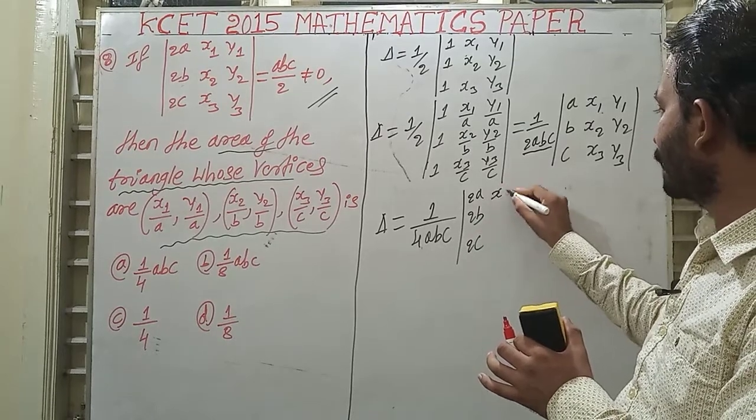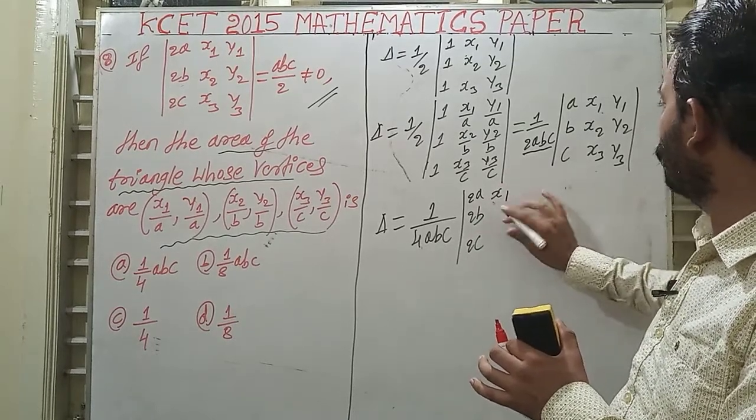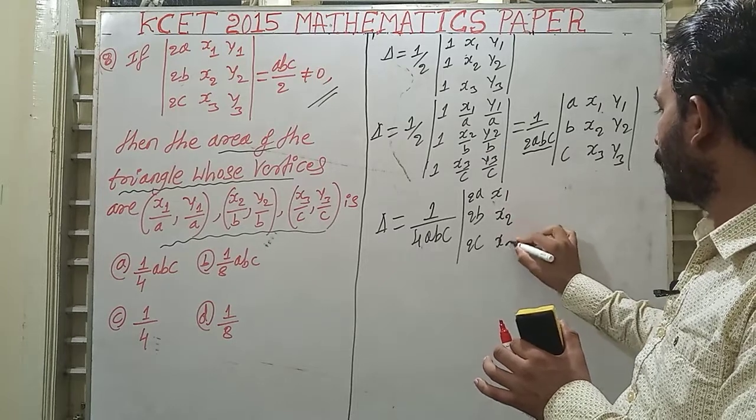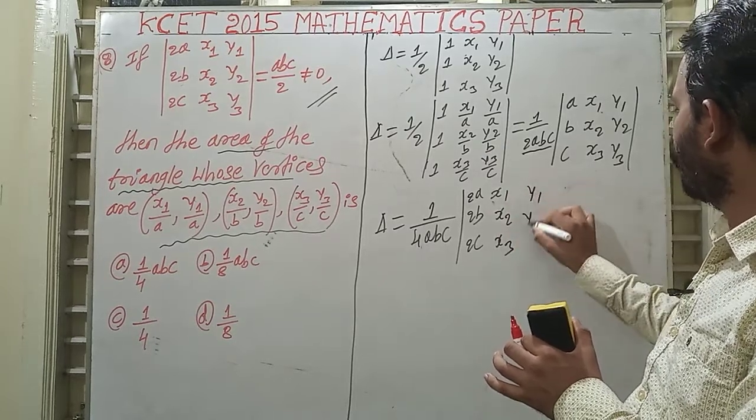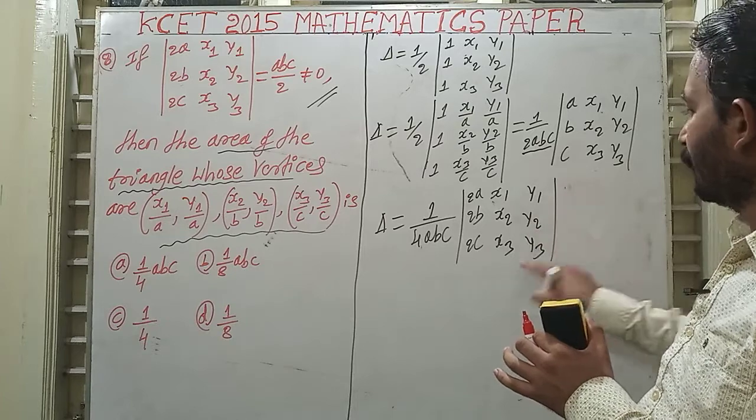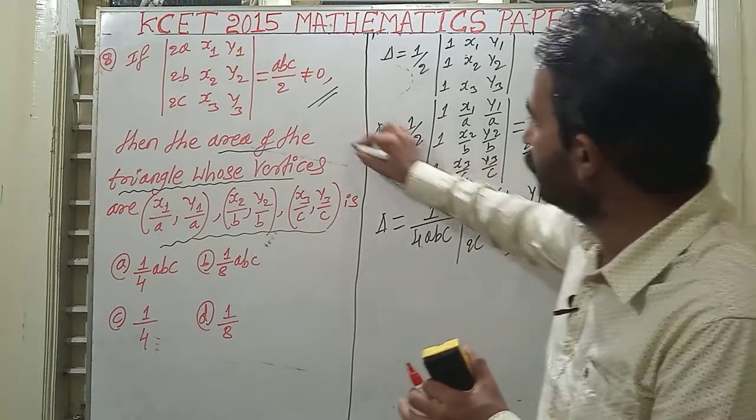Second column as it is, x1 x2 x3. Third column as it is, y1 y2 y3. So now it is in the required form.